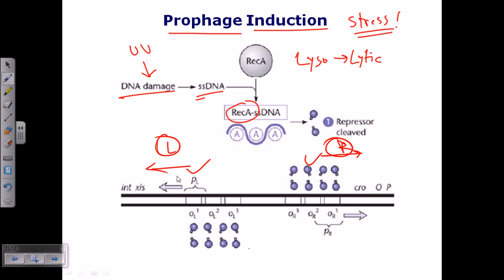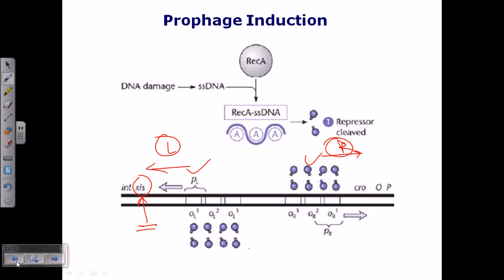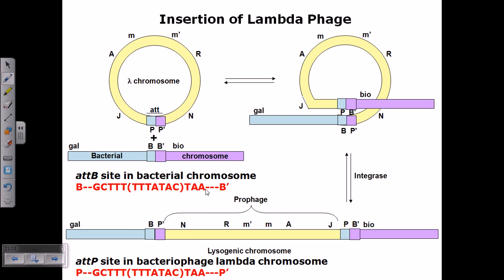Now, as transcription goes on from the left promoter region, it provides the Xis protein, which is required for the excision of the phage genome from the bacterial genome. Again, the process is done via reverse recombination. If they form a bulge, then from B prime to B and P prime to P, the crossover will be done, and the phage genome will come out.